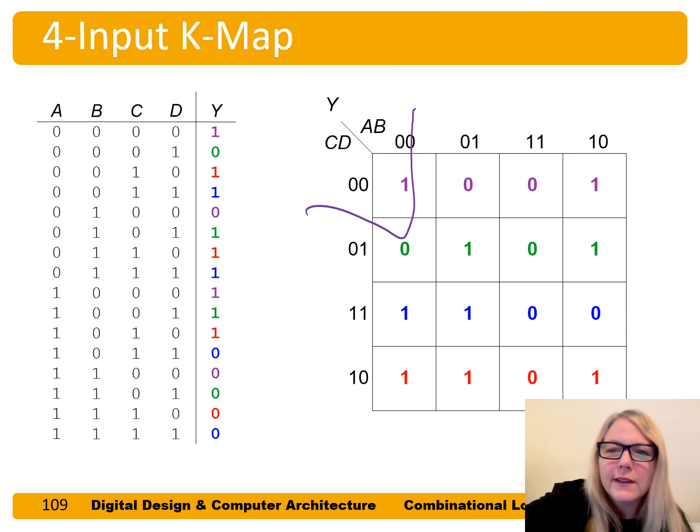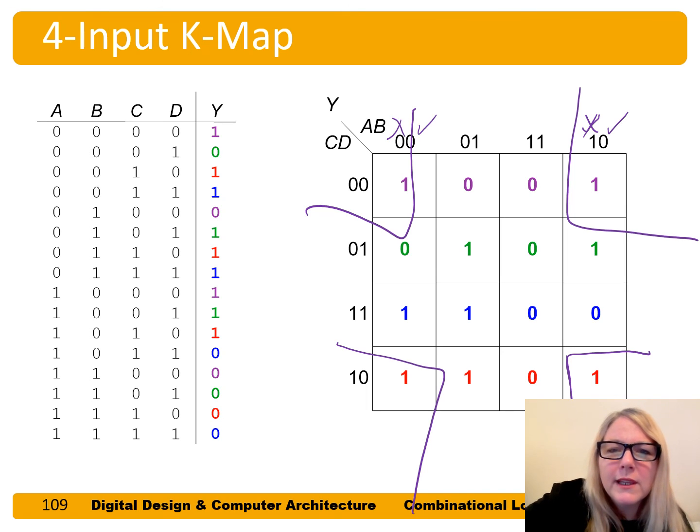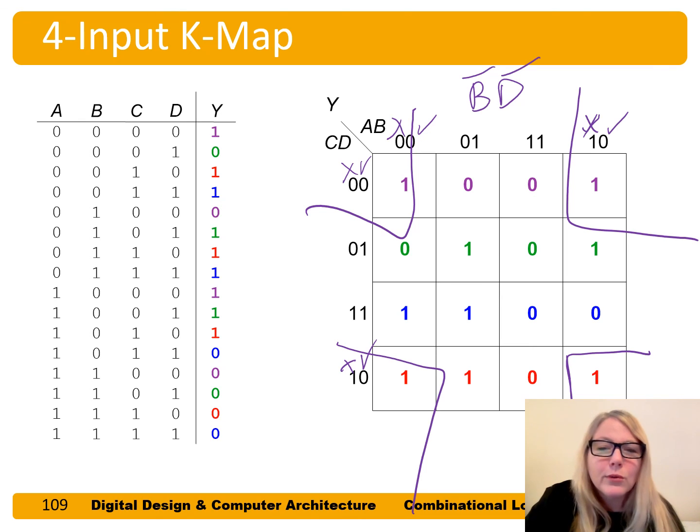And so we have ones in the corner. It turns out those are, well, the true and complement form of A is in the circle, so we don't include that. Only the complement form of B is in that circle. True and complement forms of C are in that circle, but only the complement forms of D are in that circle. So the 4 ones in the corner are B bar, D bar.